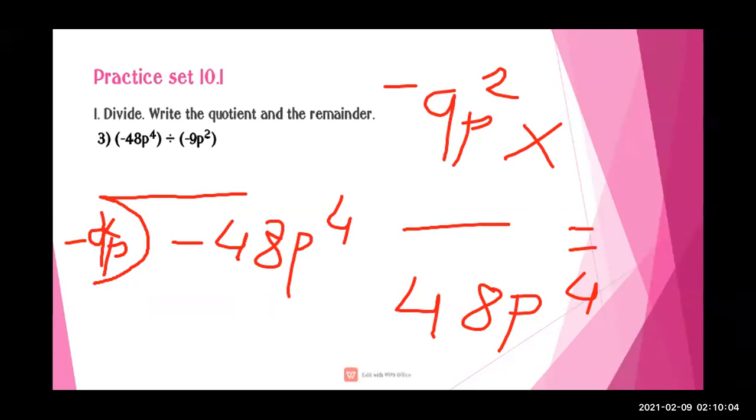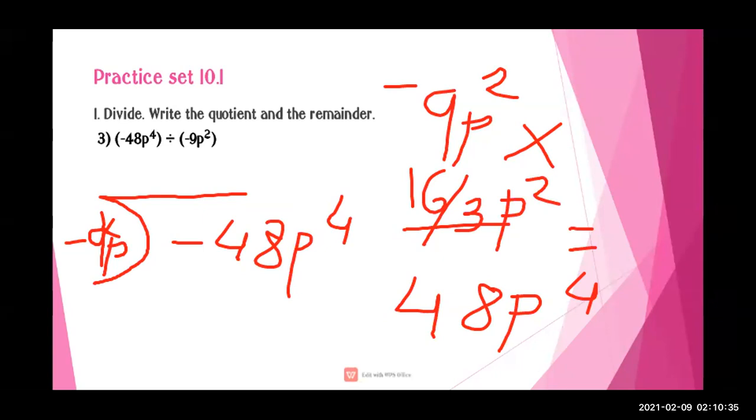So here what you are going to write? Here in this bracket you will write 16 oblique 3. Now there is p square but in the answer p4 is there. So how much p you will take? Very good. You will take p square.